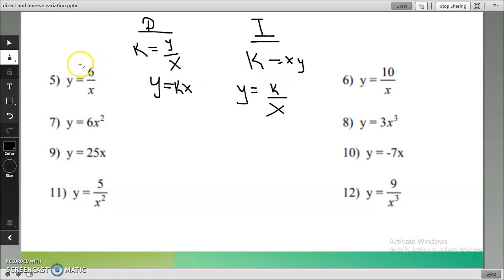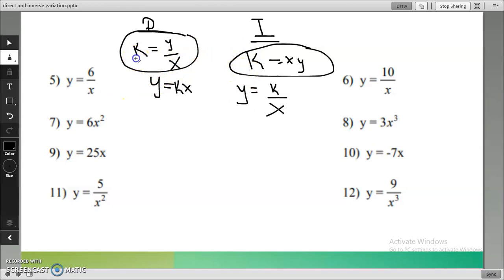Let's see which formula each one looks most like. I usually try to use the top formulas to help me decide. We can look at the bottom formulas as well, but I usually use the top ones.